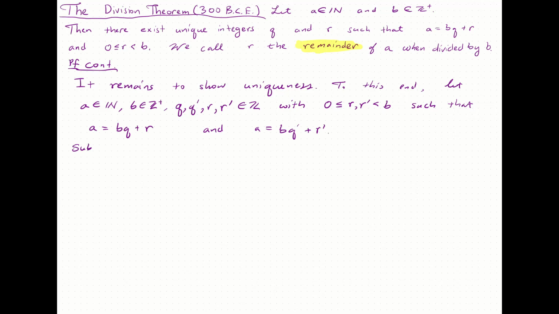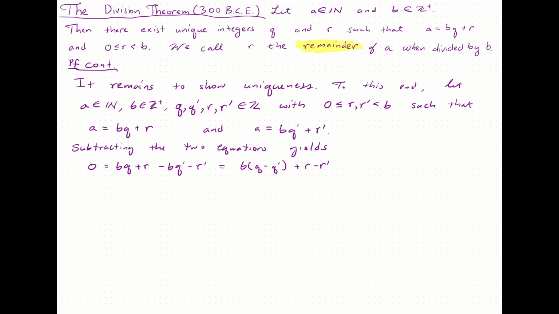Subtracting the two equations yields that we have a minus a, so 0, is equal to bq plus r minus bq prime minus r prime, which is equal to b times q minus q prime, plus r minus r prime.